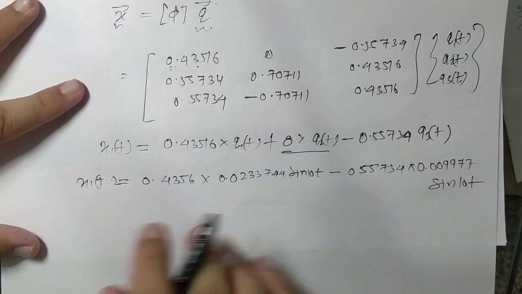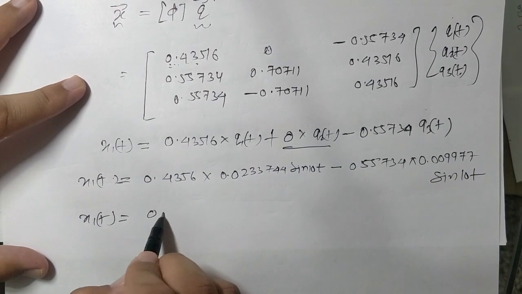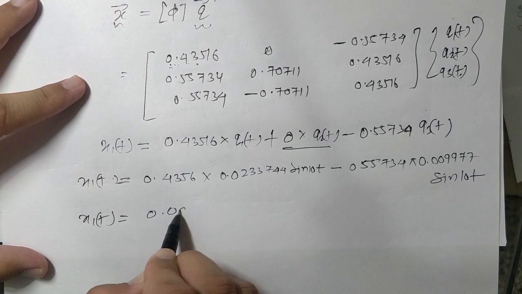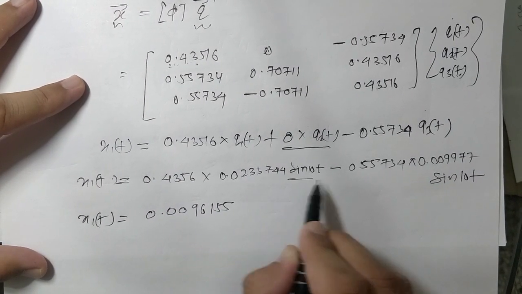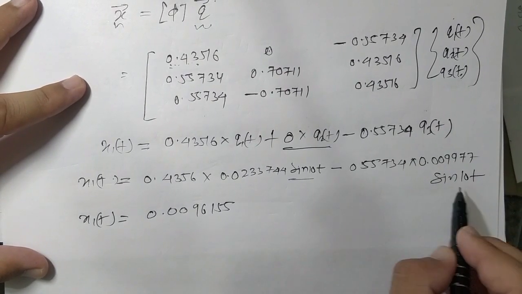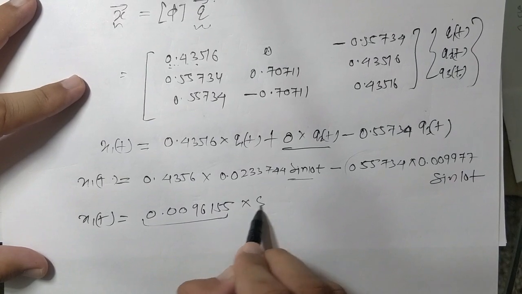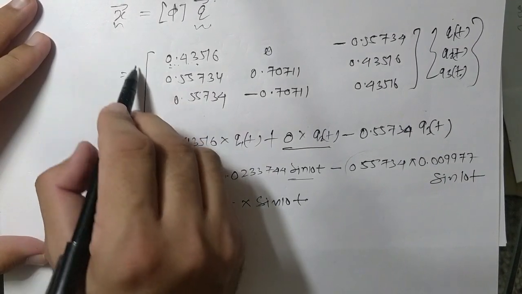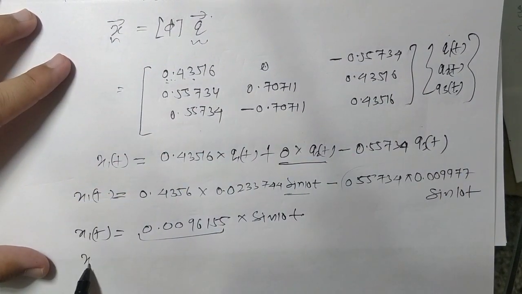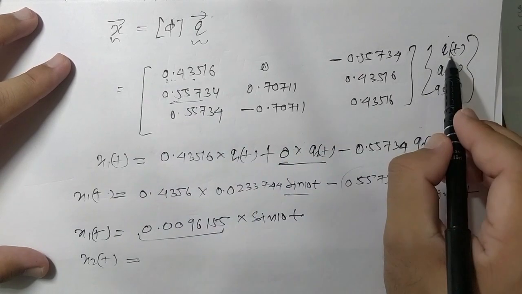So if we sort this out, x1(t) is 0.0096155, and sine 10t can be taken as common, multiplied by sine 10t.